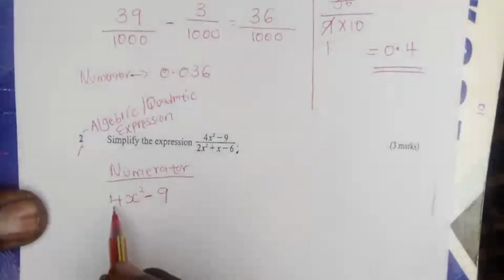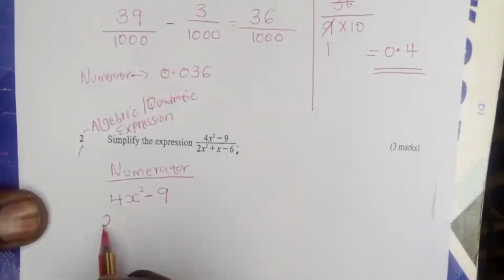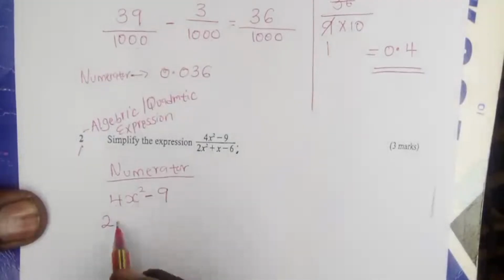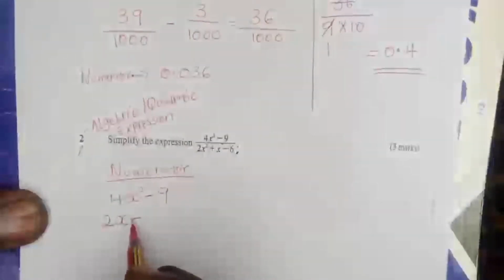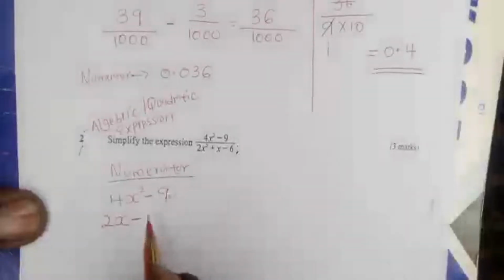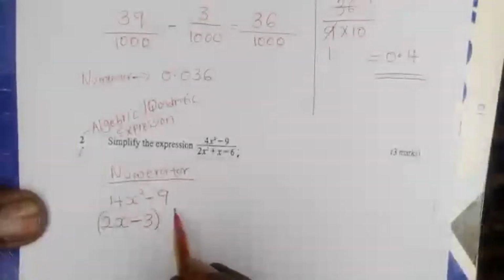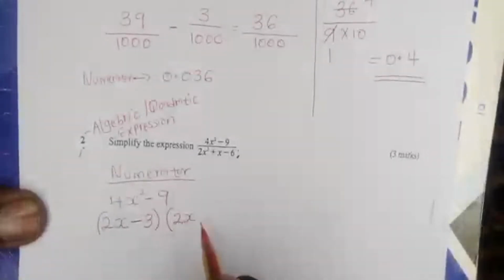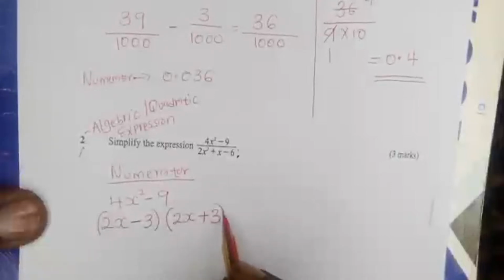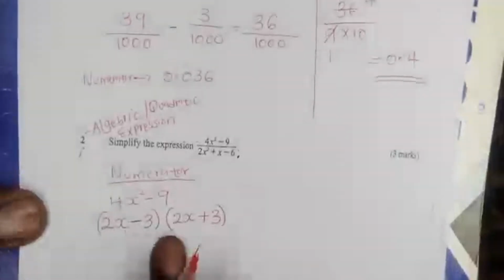So we find the square root of 4, which is 2, the square root of x squared, which is x, then we maintain our negative sign, then the square root of 9, which is 3. Then we write the same expression but put the positive sign, so that if I expand this, I'll go back to the real expression on top.